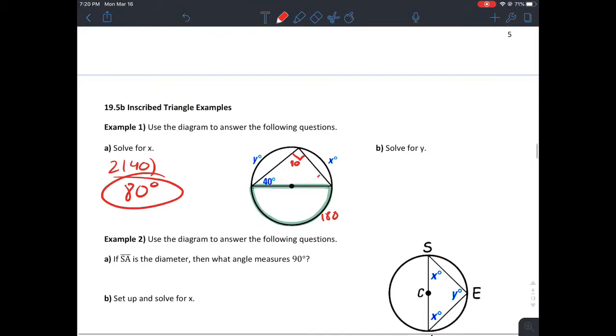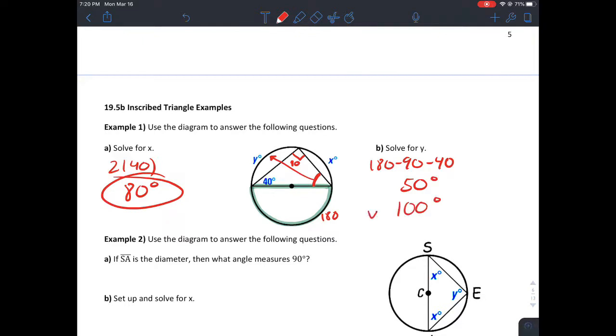So then if I'm trying to find my missing angle here, I could go ahead and do 180 minus 90 minus 40, which gives me 50 degrees. And I know that my intercepted arc has to be twice that. So y is equal to 100 degrees.